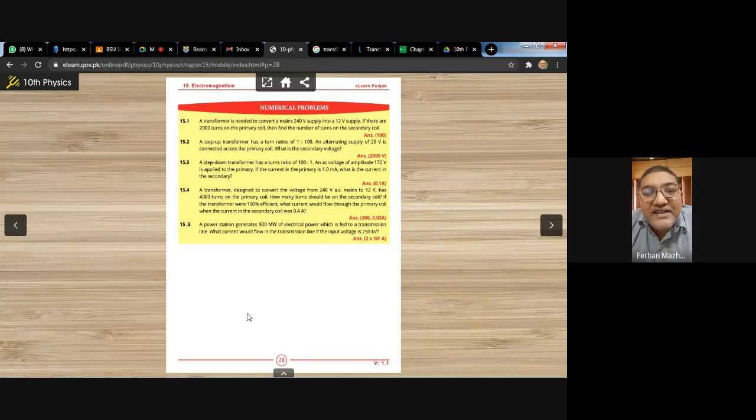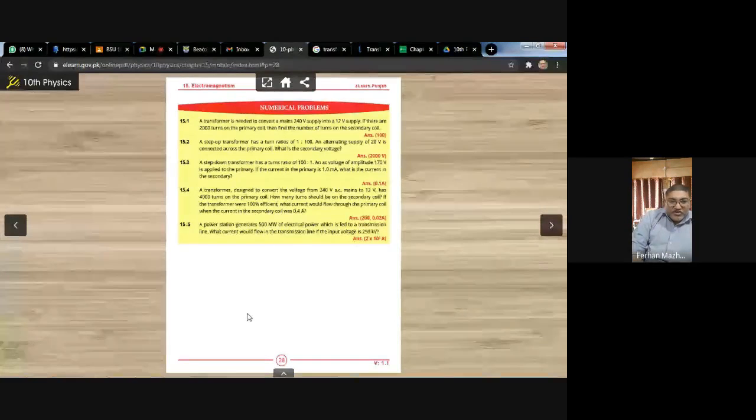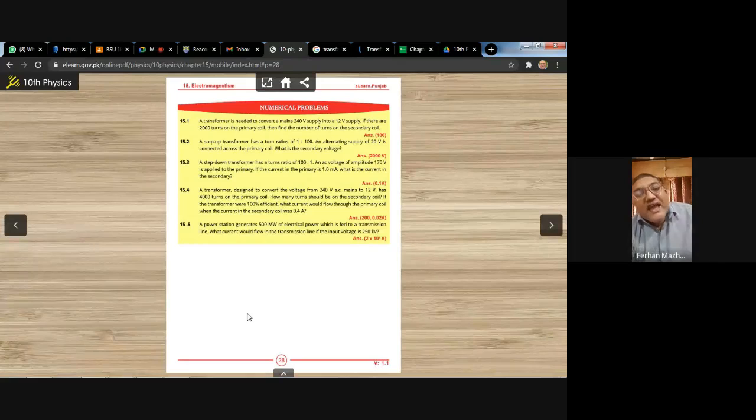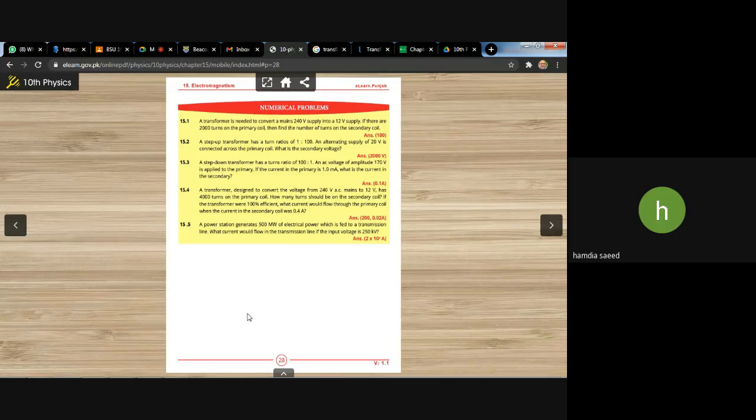It means that NP divided by NS, NP is 1 and NS is 100. You understand this thing? It's a step-up transformer, so the number of turns in the secondary will be higher. So if the NP value is 1, the NS value is 100. Beta, do you understand this first sentence? Yes, sir.